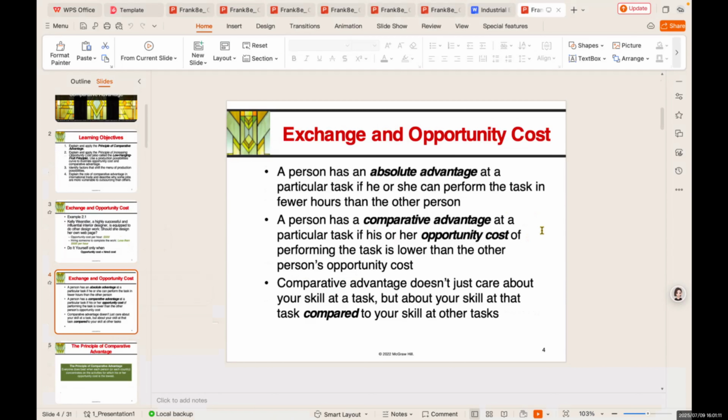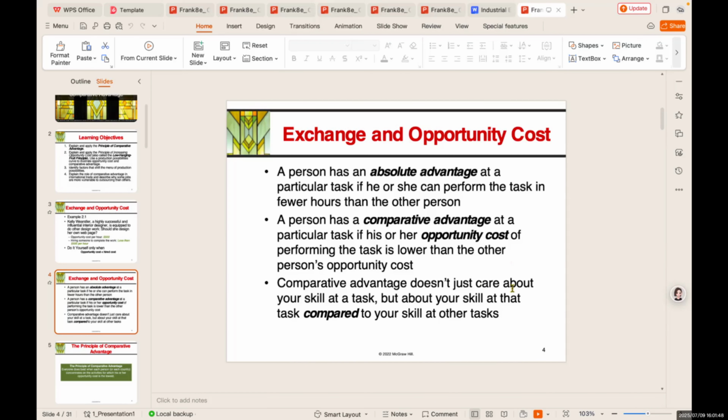However, for the comparative advantage, you should focus more on opportunity cost. The definition is: if a person has a lower opportunity cost on one task than other people, he or she has the comparative advantage on this task.